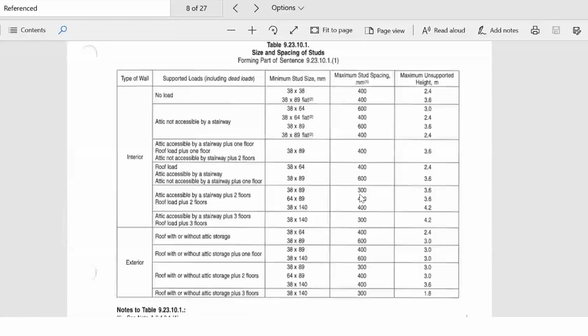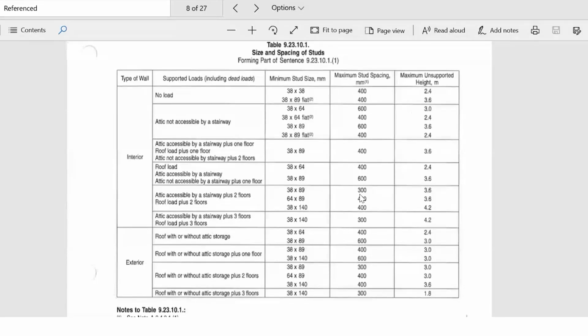Can I just ask a question about that minimum stud size? 38 by 38 is a 2 by 2. Yeah. I've never seen such a wall. I mean, that's basically used for strapping, no load, basically. It just says there's no load on this. Yeah, a typical, I mean, you can go smaller in attic. You can see down to 38 by 64, 38 by 89 typically.